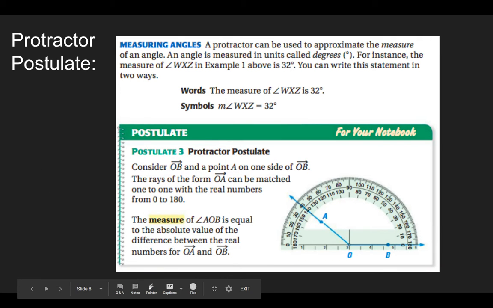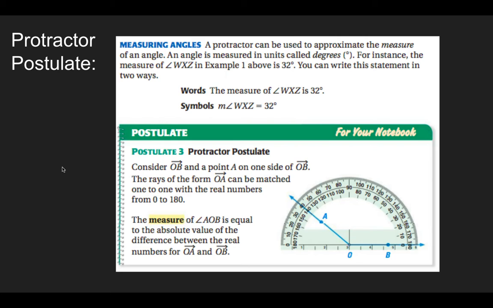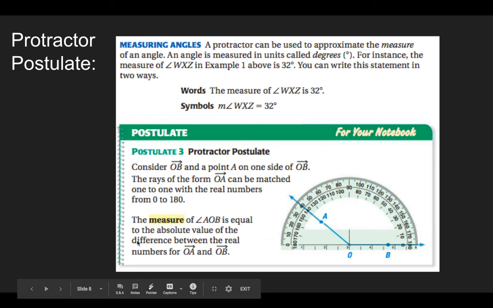Okay, so what we have now is called the protractor postulate, which is what she was just using to measure an angle. It says that on any given protractor, you can find the measure of angle AOB by looking at the difference, which means subtraction, between the real numbers for ray AO and ray OB.